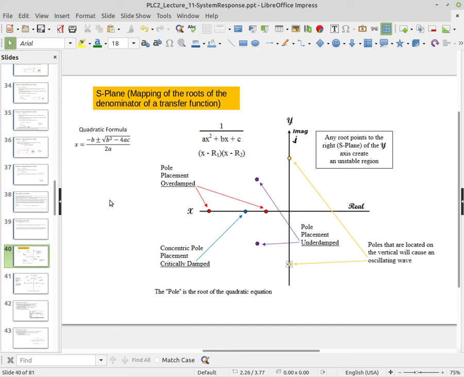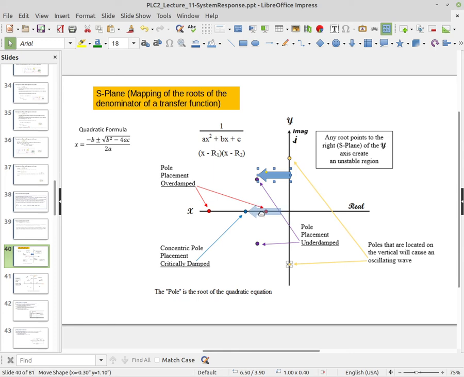So remember, it's a second order system, so you're going to have 2 poles, but they're both going to be real if your damping coefficient is greater than 1.